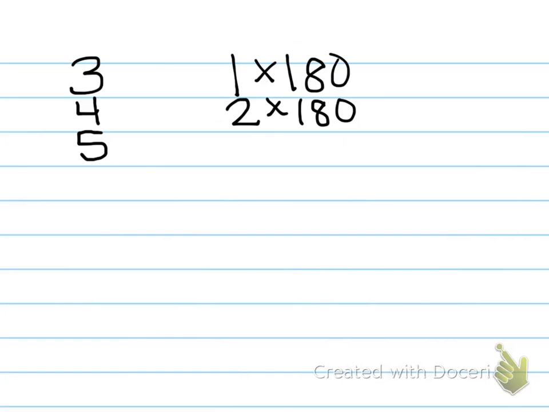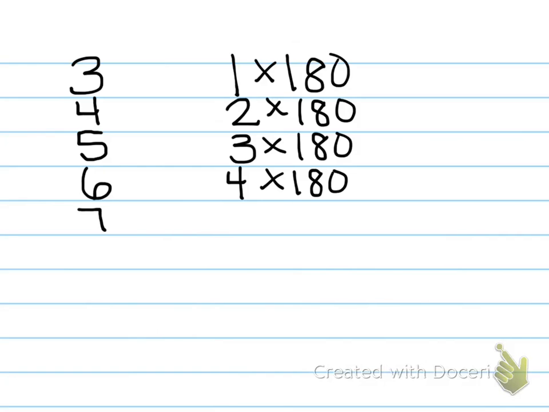If we had 5 sides, we had 3 triangles times 180 degrees. 6 sides, hopefully you went ahead and tried this, you have 4 triangles times 180 degrees. 7, we ended up with 5 triangles times 180 degrees. If you noticed, 3 sides, 1 triangle. 4 sides, 2 triangles. 5 sides, 3 triangles. So on and so forth.